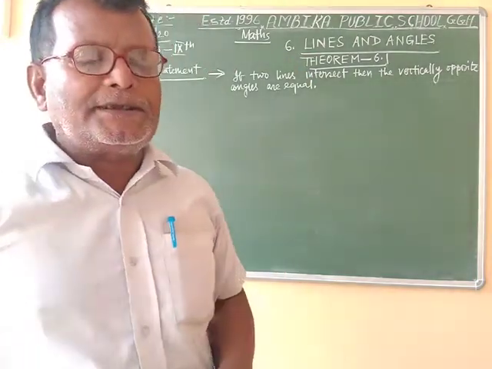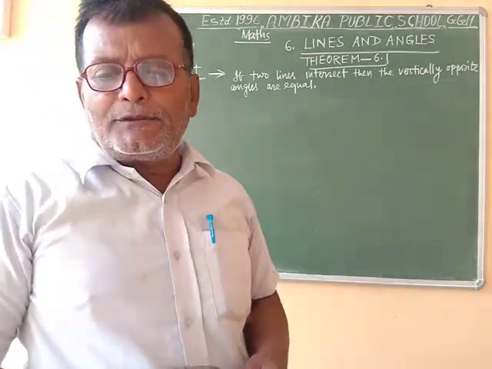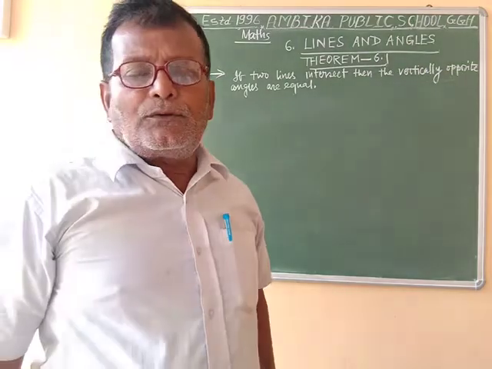If two lines intersect, then the vertically opposite angles are equal.